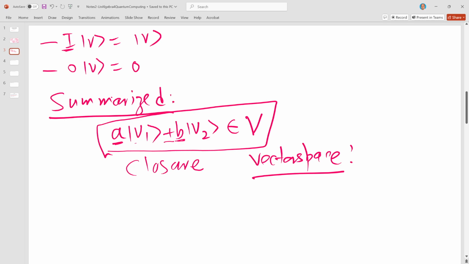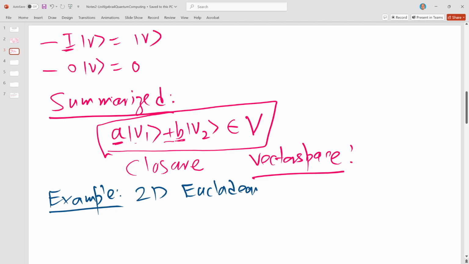Let's take an example. For example, a 2D Euclidean space, or Cartesian space, whatever you prefer.